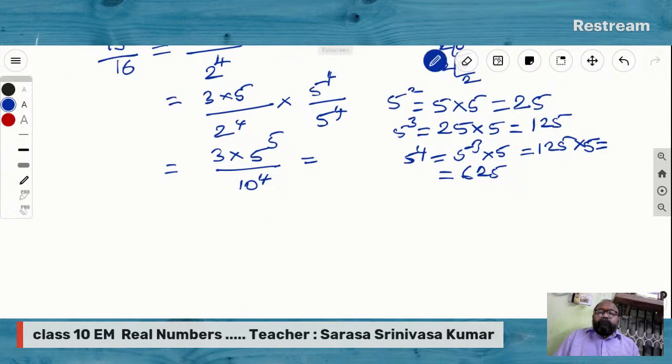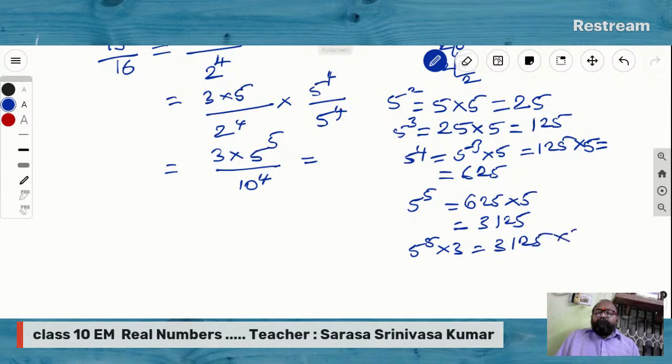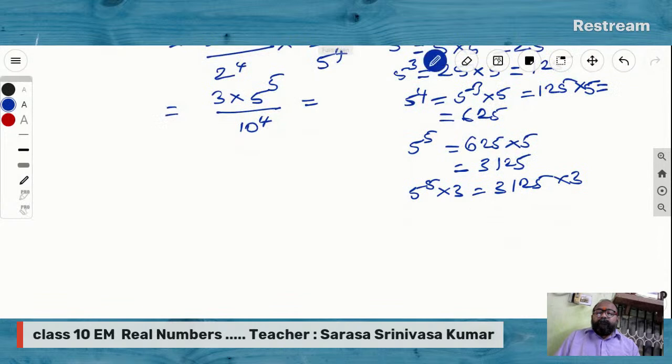Now 5 power 5 equals 625 multiplied by 5, that equals 3125. Again, 5 power 5 multiplied by 3 equals 3125 multiplied by 3, which is equal to 9375.